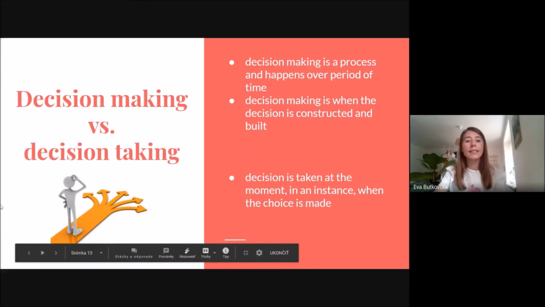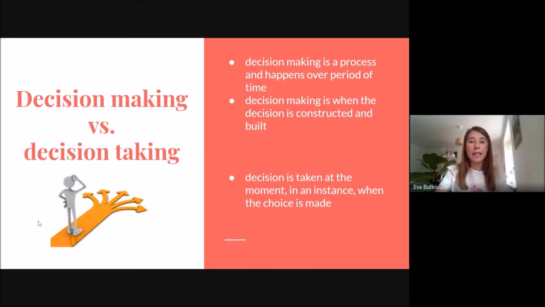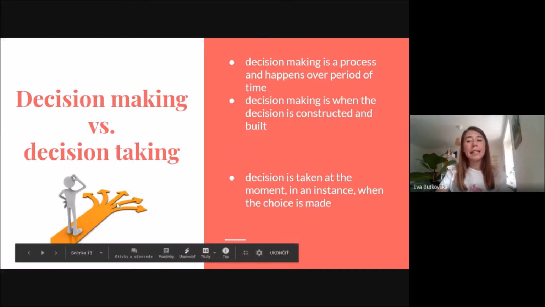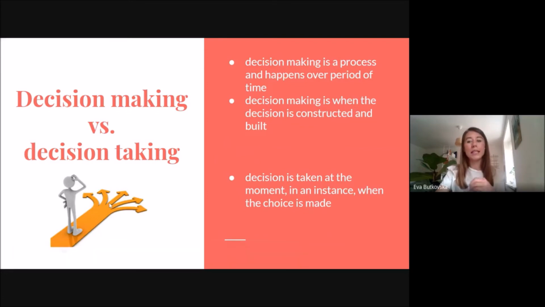On the other hand, decision taking has a different meaning. A decision is taken at the moment, in an instant, when the choice is made. It is not a big mistake if you switch decision making and decision taking, but it's important to understand the difference, if I make a decision or take a decision.